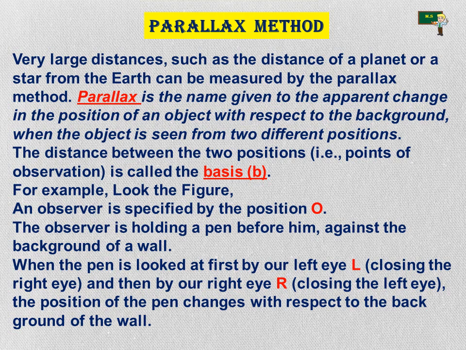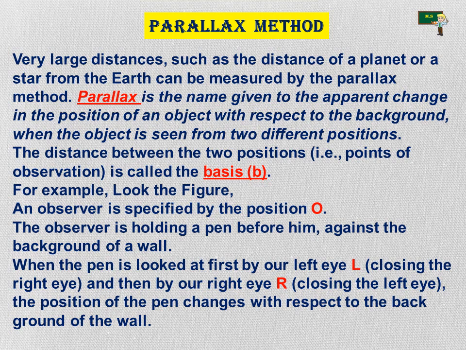An observer is specified by the position O. The observer is holding a pen before him against the background of the wall. When the pen is looked at first by your left eye, closing the right eye. So shall we try this? Take a pen in your hand, close your right eye.